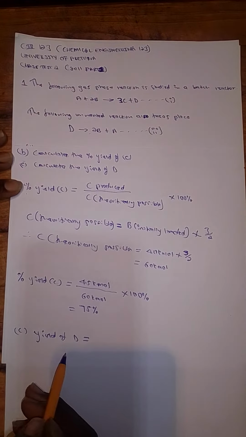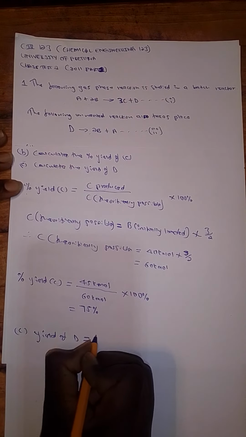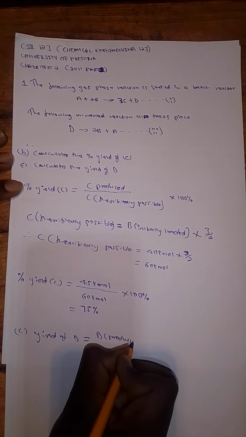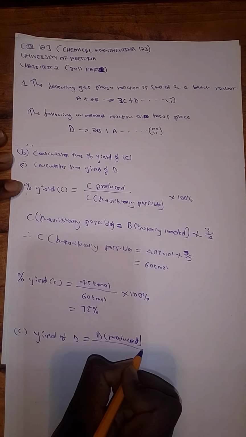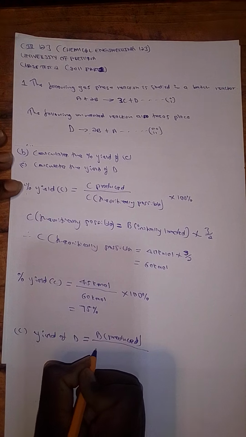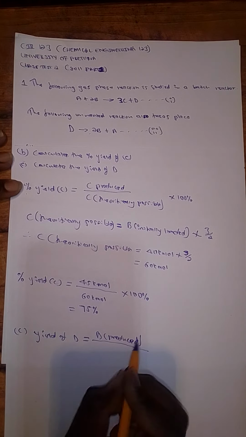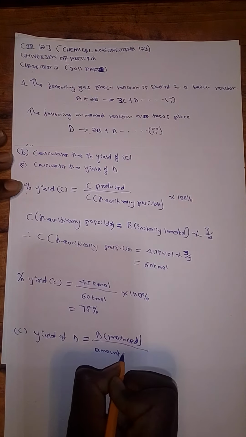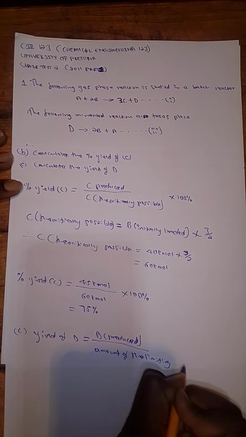So the yield of D is simply the D produced, all over the amount of the limiting reactant.